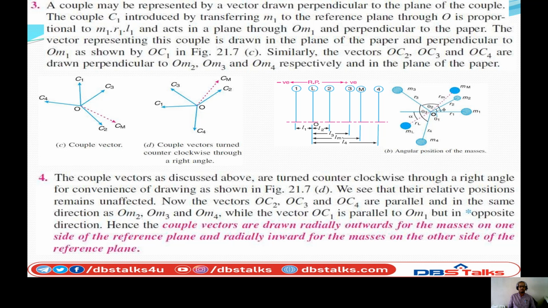The diagram of this will be seen in D. The vectors are turned clockwise through a right angle, so all the vectors turn through a right angle, and the position of the diagram C will be changed to D.